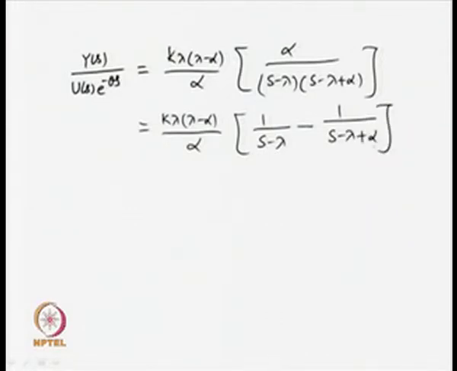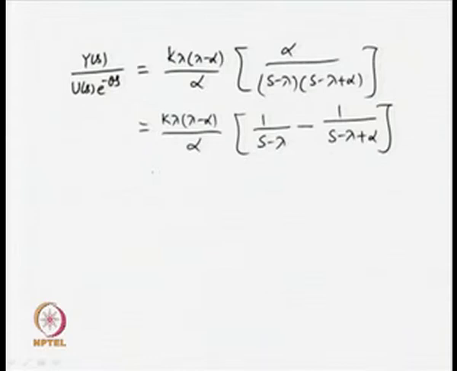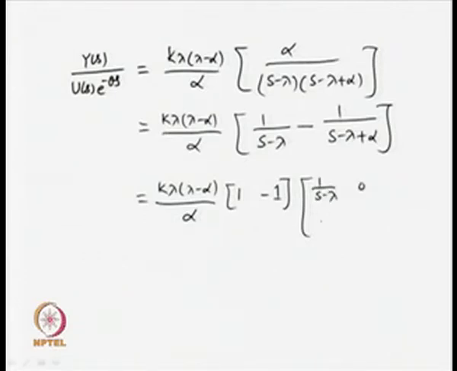Please keep in mind that alpha tends to 0, only then are we getting the same expressions that our analysis began with. Then this expression can further be written in the form of k lambda minus alpha by alpha times [1 minus 1] with [1 upon s minus lambda, 1 upon s minus lambda plus alpha] times [1 1].